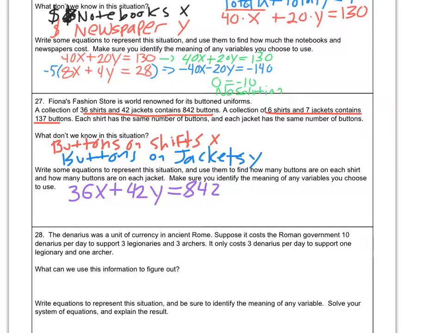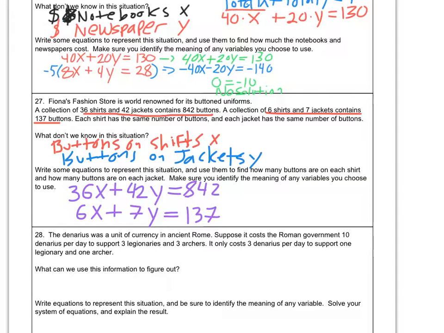Those are really big numbers. Okay. Then we've got 6 shirts, which is going to be X, plus 7 jackets, which is going to be Y, and that's equal to 137.